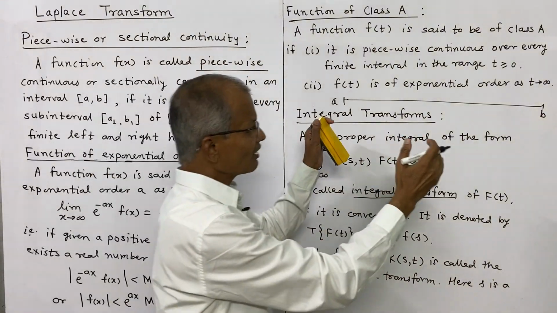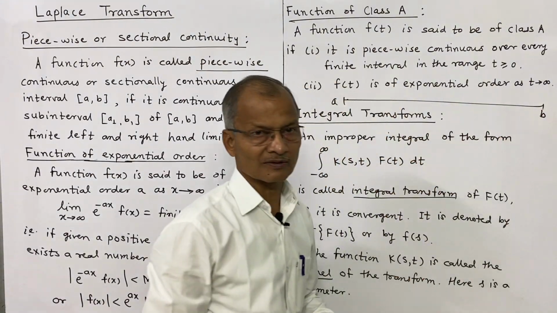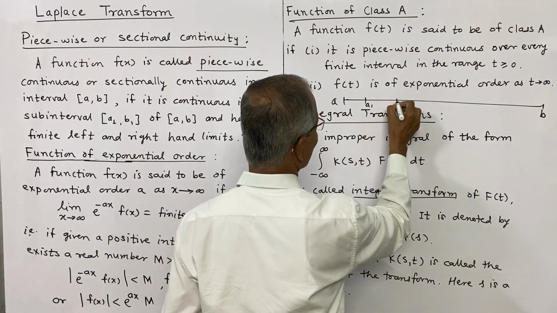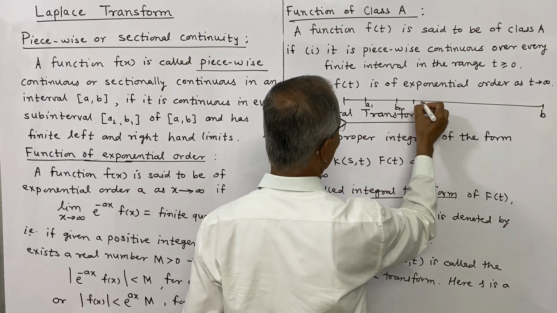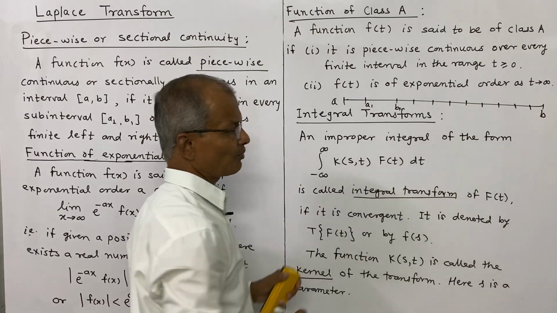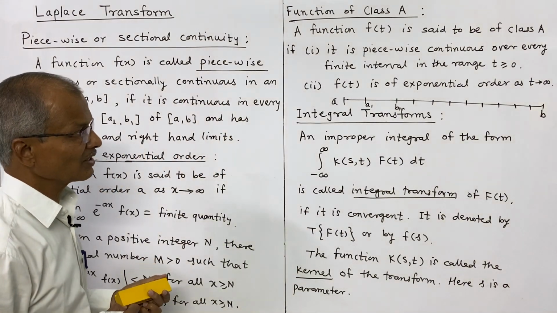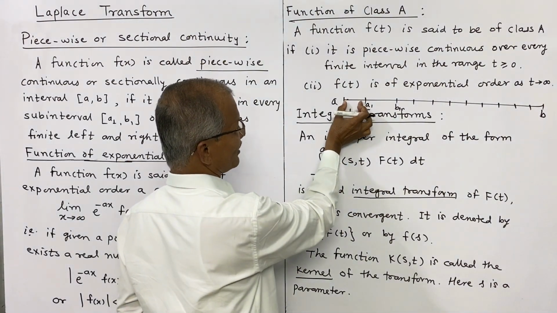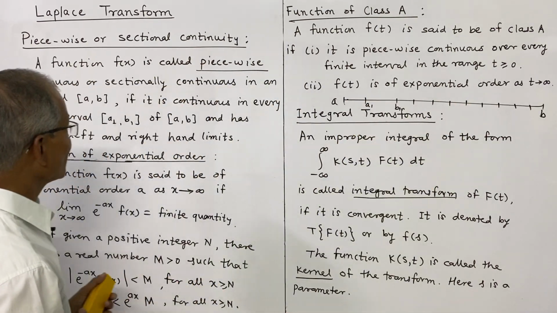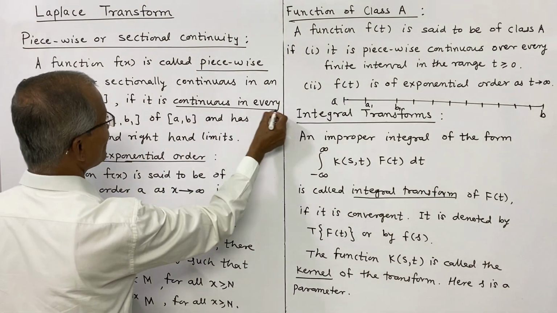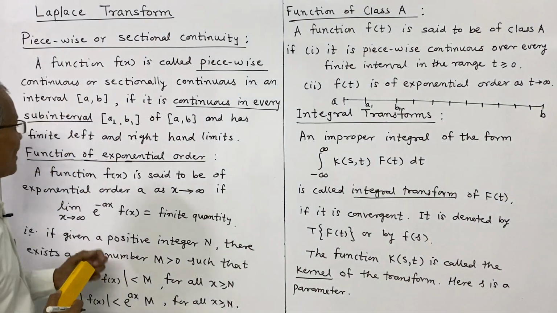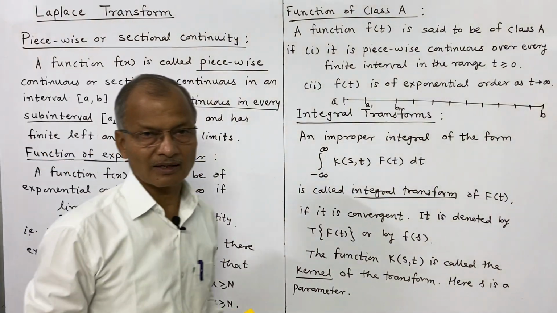That means if the interval A to B is divided into parts or pieces, say A1, B1, A2, B2 and so on, the function must be continuous in each subinterval a1, b1, a2, b2, etc. And that is the meaning. It is continuous in every subinterval a1, b1 of ab and has finite left hand limit and right hand limit.